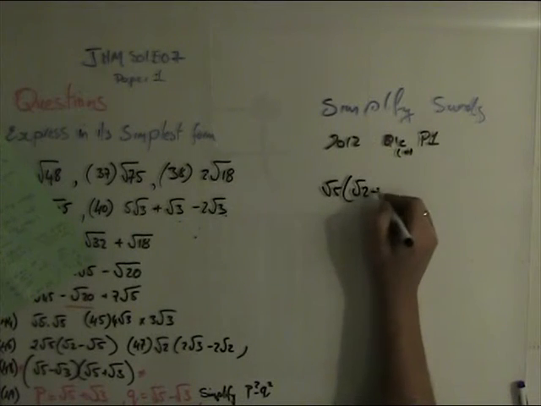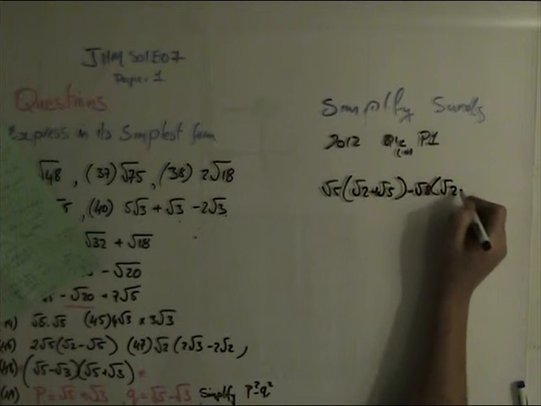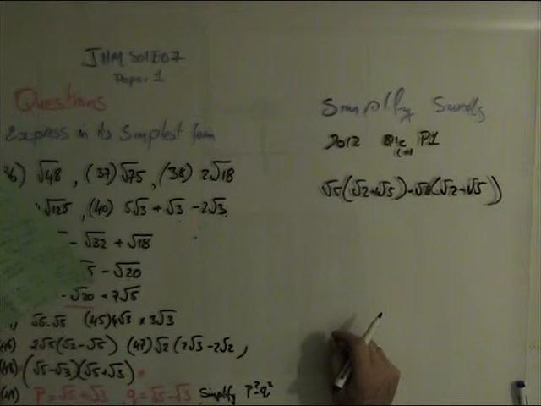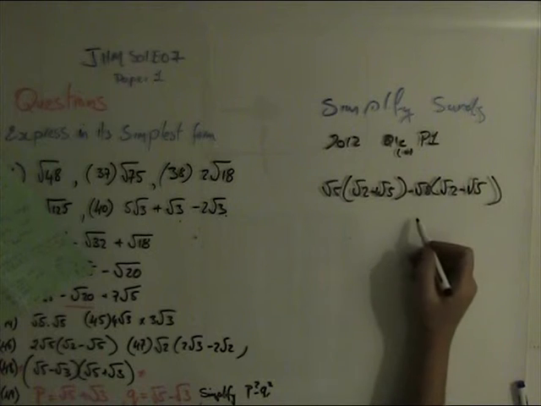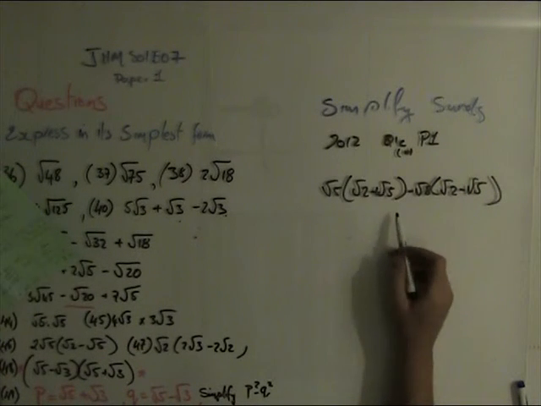This is all I have: root 5 minus root 8 times root 2 minus root 5. Now, I don't know what the question was, but it says maybe solve this or maybe simplify this. Simplify this, I forgot to put in what it's supposed to do. Okay, so I'm going to simplify this.